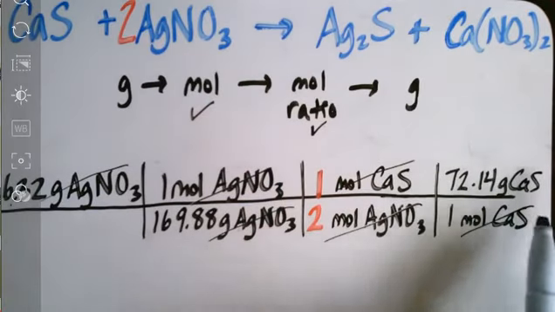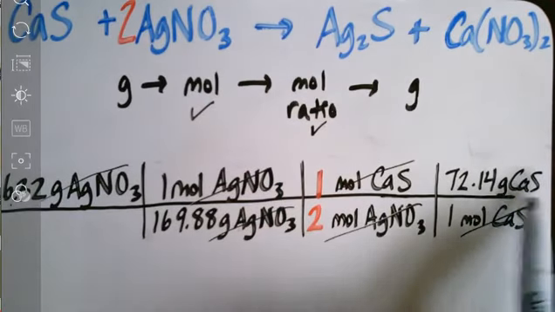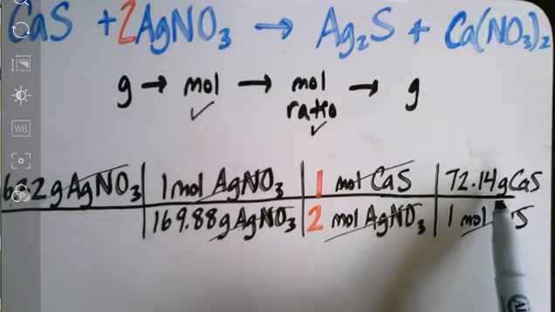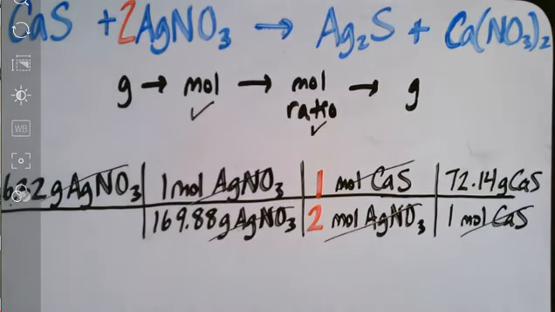And then calculating the molar mass of calcium sulfide will get you 72.14 grams of calcium sulfide. So based on the periodic table I'm using, the mass of my calcium is going to be 40.08 added to sulfur, which is 32.06, to give me a total of 72.14.